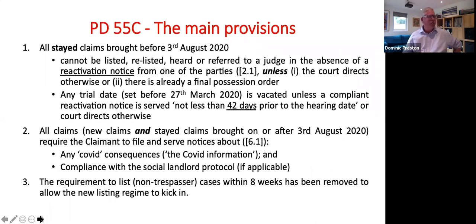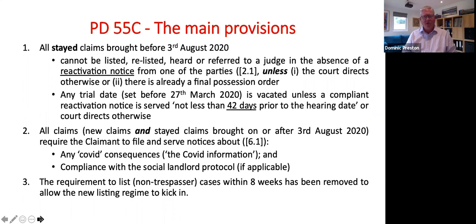So what are the main provisions of the practice direction? We've got some divisions as to who they might apply to. What are the big issues that come out of the practice direction in relation to stayed claims? So firstly, all stayed claims brought before the 3rd of August 2020 cannot be listed, cannot be relisted, cannot be heard, and for accelerated possession proceedings cases cannot be referred to a judge for consideration in the absence of a reactivation notice.